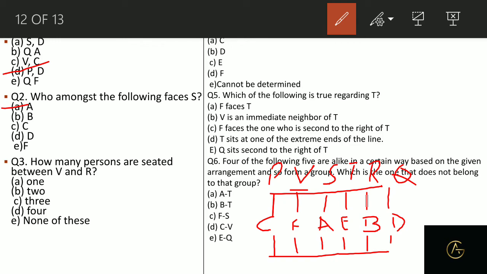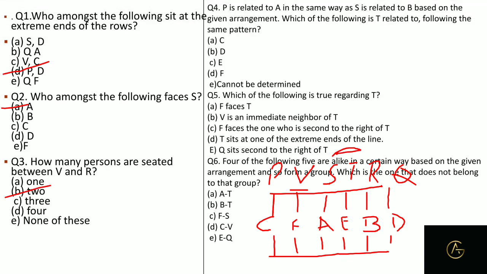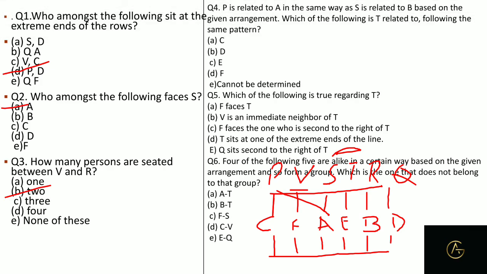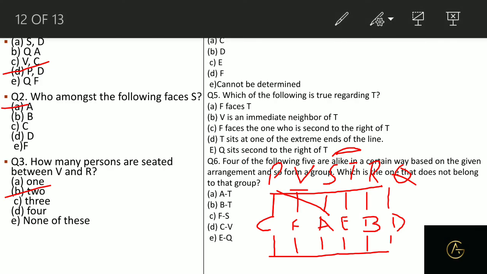How many persons are seated between V and R? Only 2, S and T. P is related to A. P is related to A, meaning this way, after leaving 1. As S is related to B, S is related to B, after leaving 1.